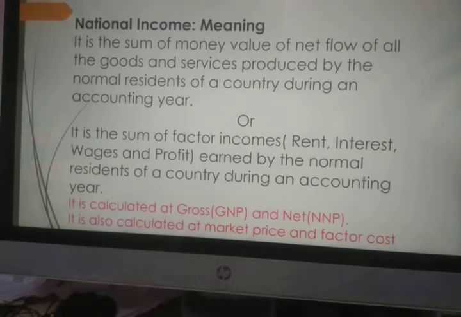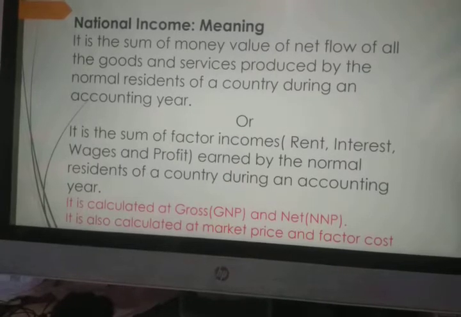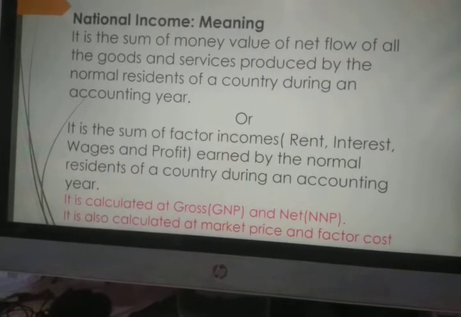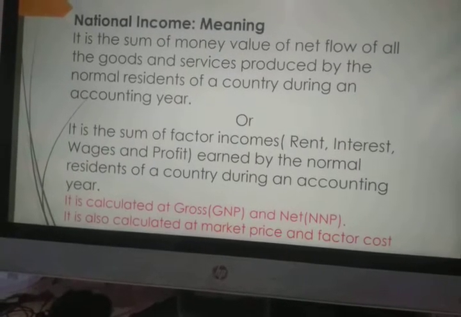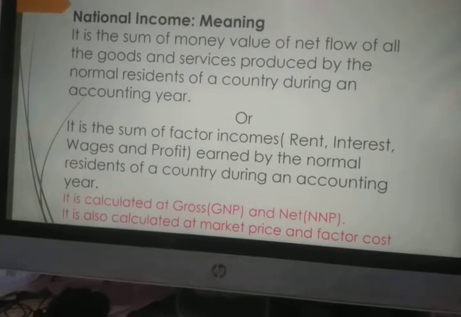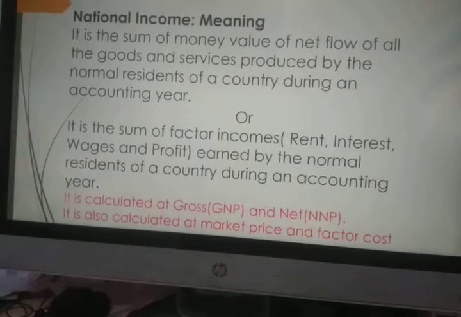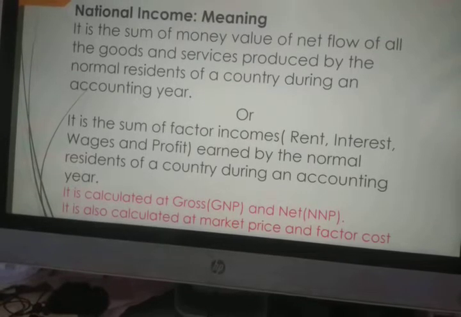In other words, you can also say it is a sum of factor income, that is rent, interest, wages and profit, earned by normal residents. Again, you have to see that normal residents are earning these factor incomes in an accounting year. It is calculated both in gross and net, and at market price and factor cost.